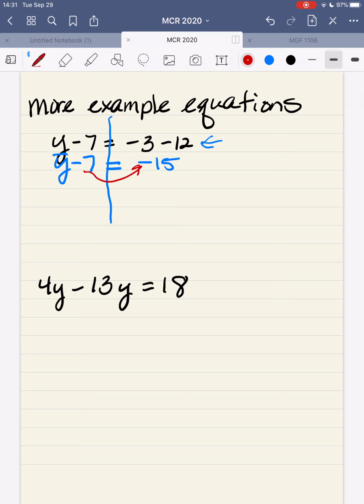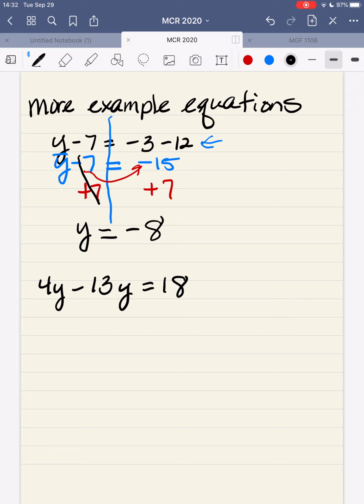And I do that by doing the opposite of minus 7, which is plus 7. And I must do that to both sides. These 7s are going to cancel out, and I'm left with y on this side. So y is equal to negative 15 plus 7, which is negative 8.